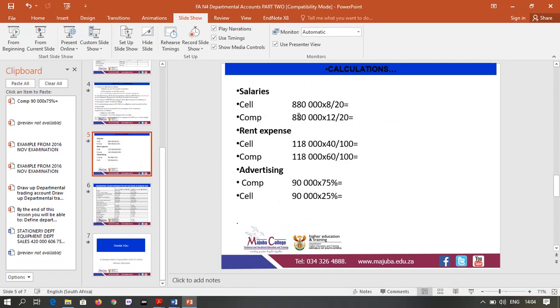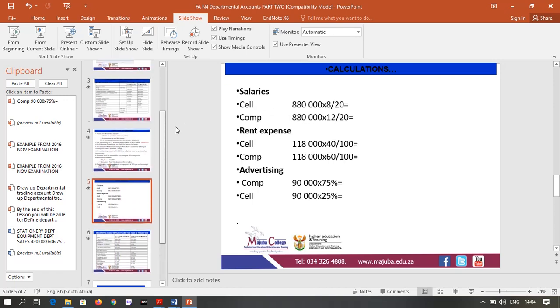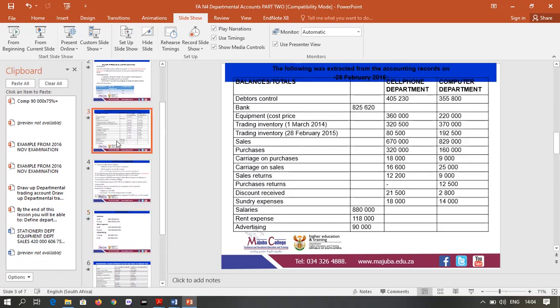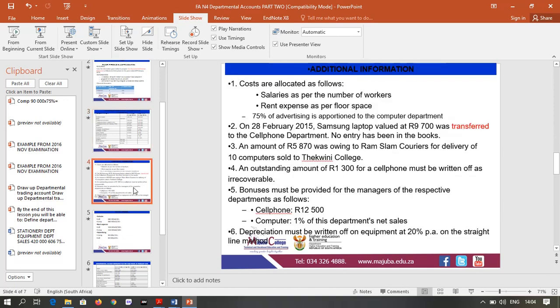For the cell phone department and the computer department, the salaries for both departments sum to 880,000. You take this amount. According to the additional information, salaries are paid per number of workers.